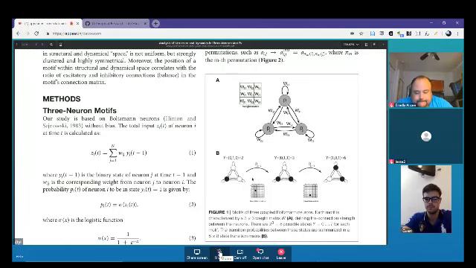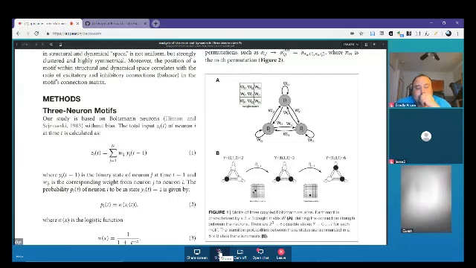A transition matrix entry, for example column 2, row 1, is the probability for the network to transfer from state 2 to state 1.